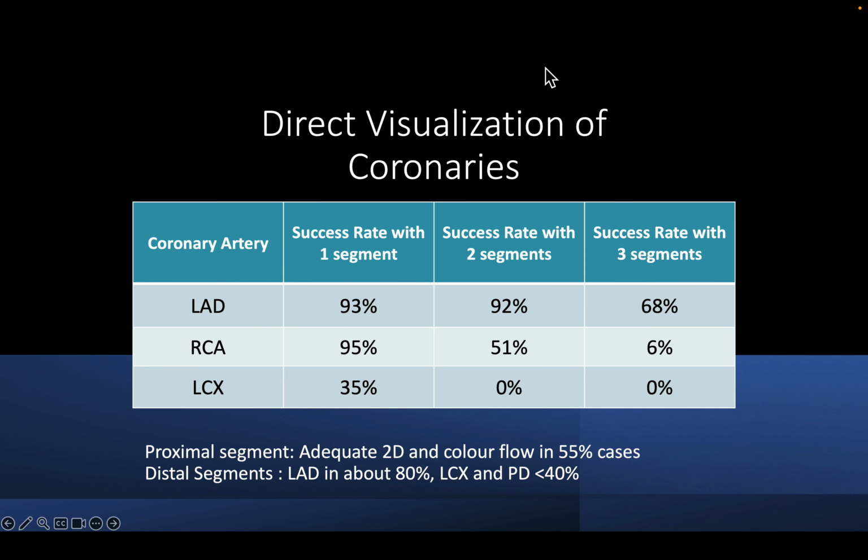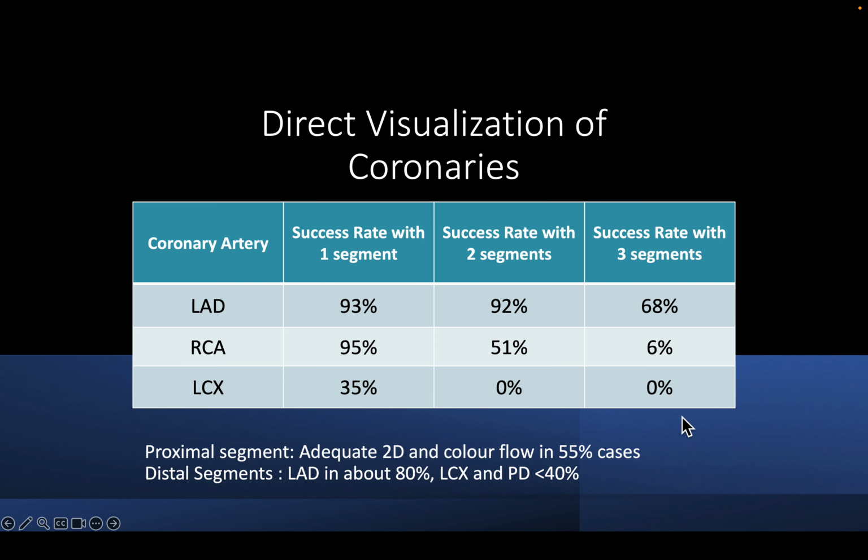Despite all that, direct visualization of coronary artery is not 100%. In the proximal part, LAD, LCX, the success rate is good. Circumflex, you only pick up in a third of patients. Circumflex is a smaller artery. It goes posteriorly and it's not very clearly visualized.